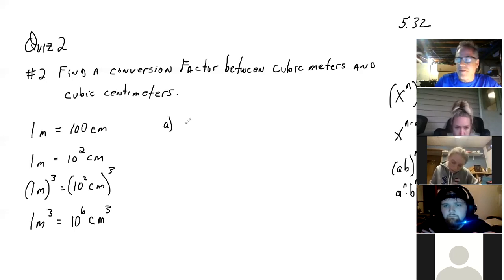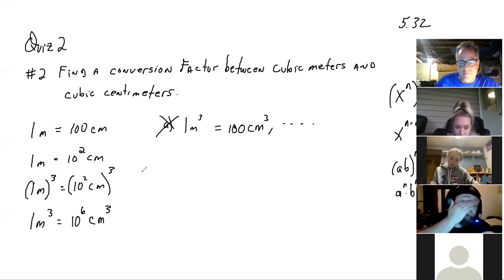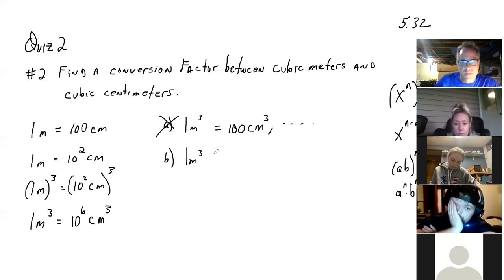You had A, 1 meter cubed equals 100 centimeters cubed. That can't be. 100 is 10 to the second. So that knocks that out right there. Now there's some other stuff written, but it doesn't matter. This isn't correct. Your second choice was 1 meter cubed equals 10 cubed centimeters cubed.